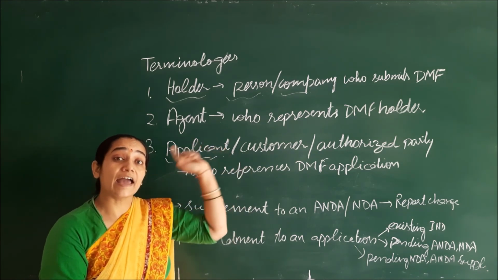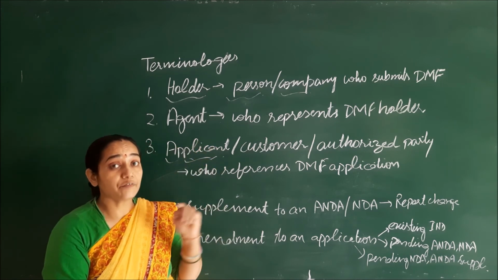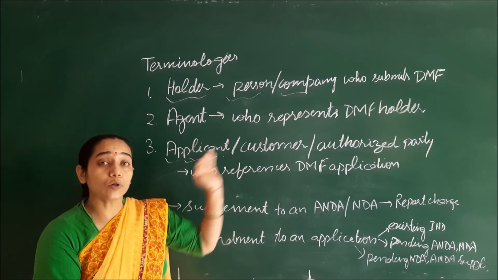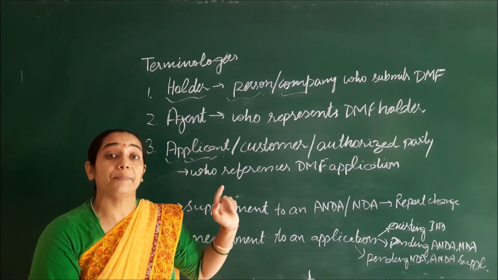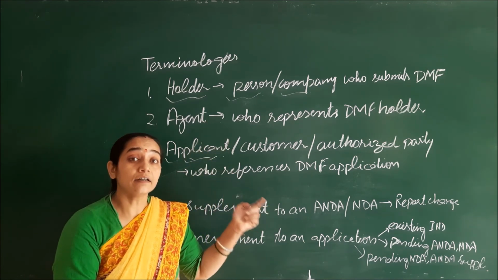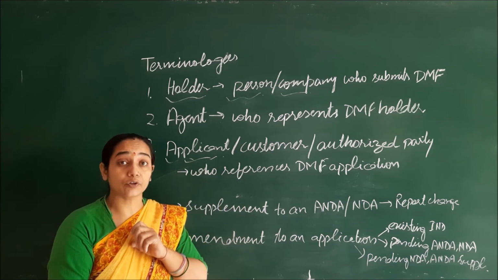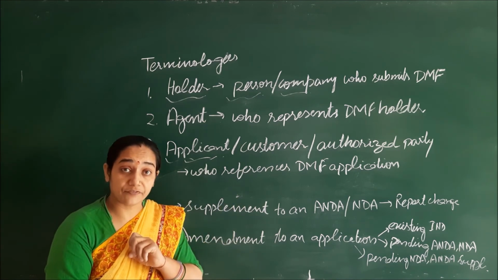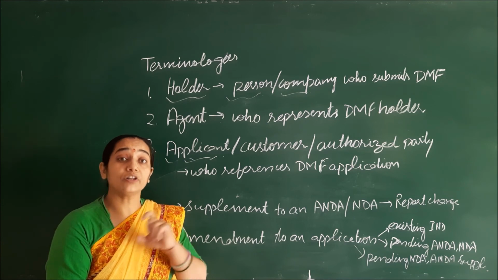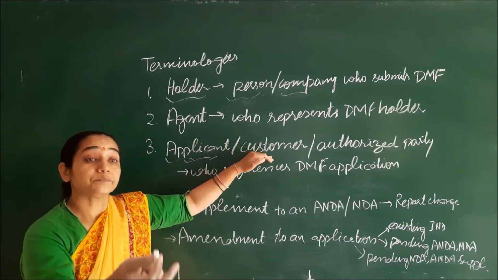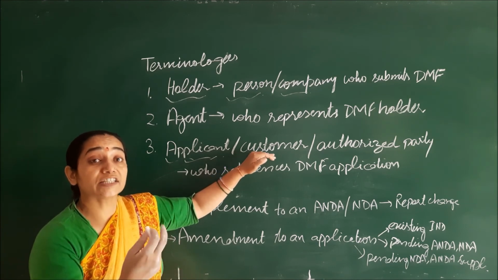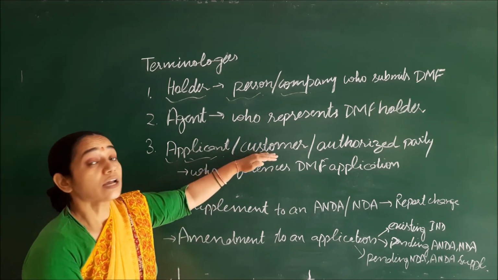Means that API having that drug master file we have utilized, and it will have all the specifications as justified in the drug master file of the API submitted to the authority. Means I have submitted for the API, then my drug master file will have the specific code, then that will be referenced. Then the other party who has purchased that API will be the customer.